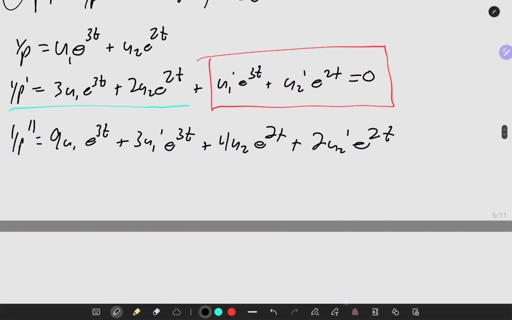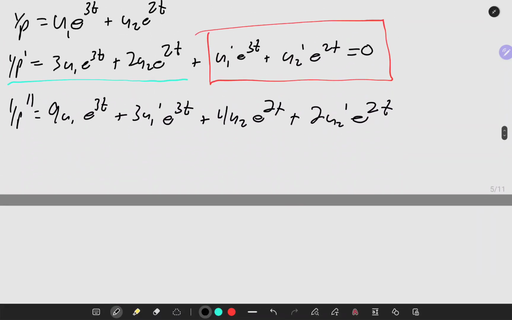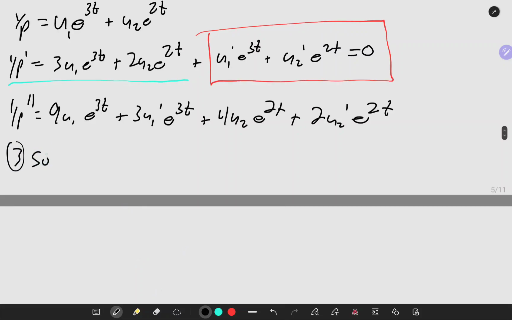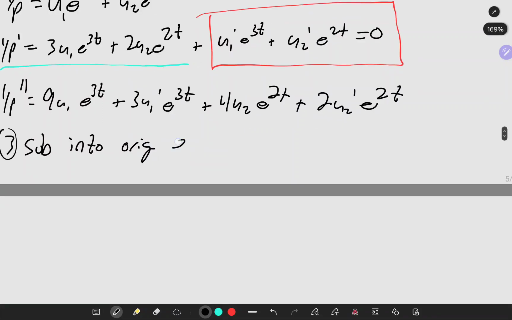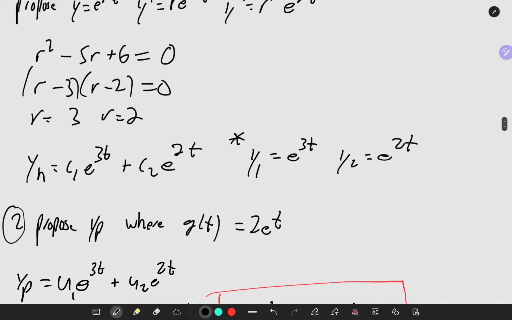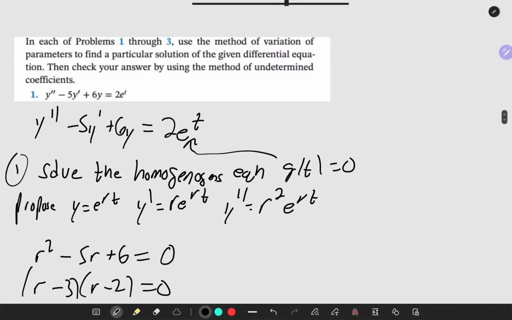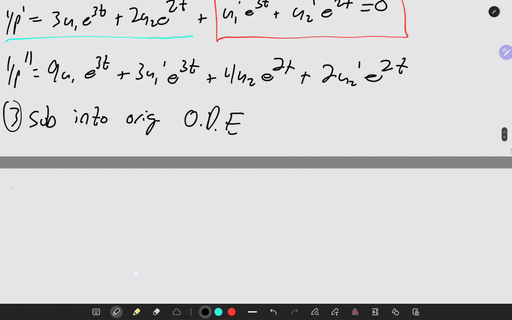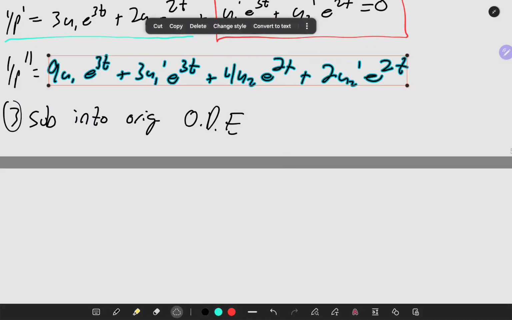Okay, now that we have these, we're going to go back and substitute into the original equation, or I should say the second order ordinary differential equation. I'm just going to copy this and paste it down here.